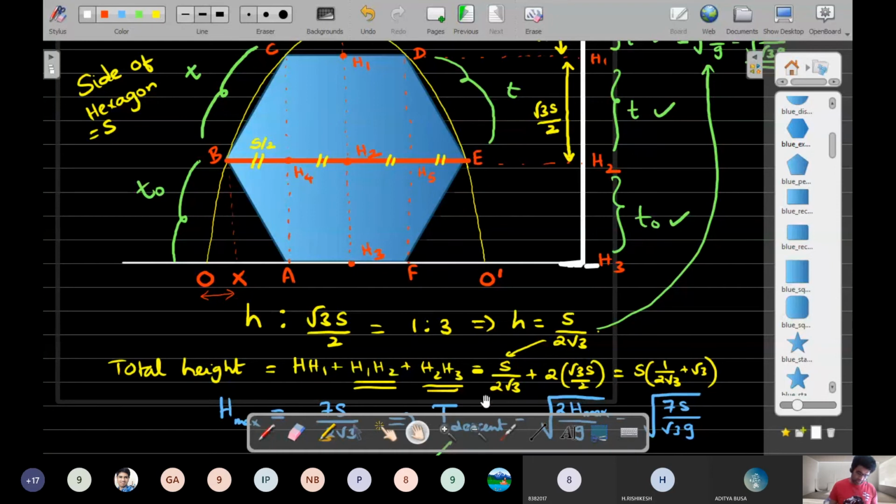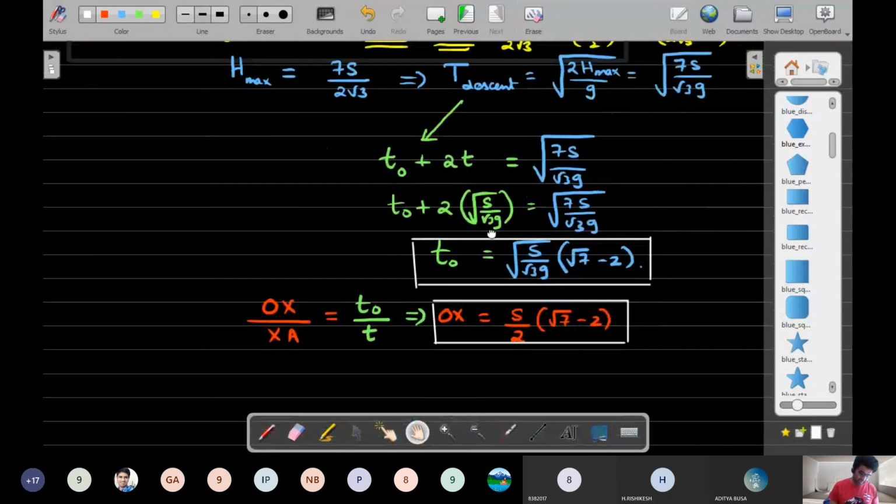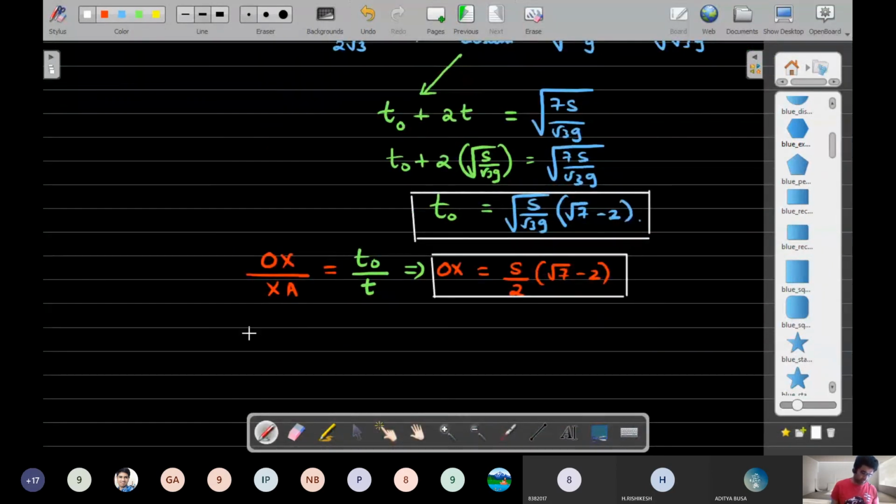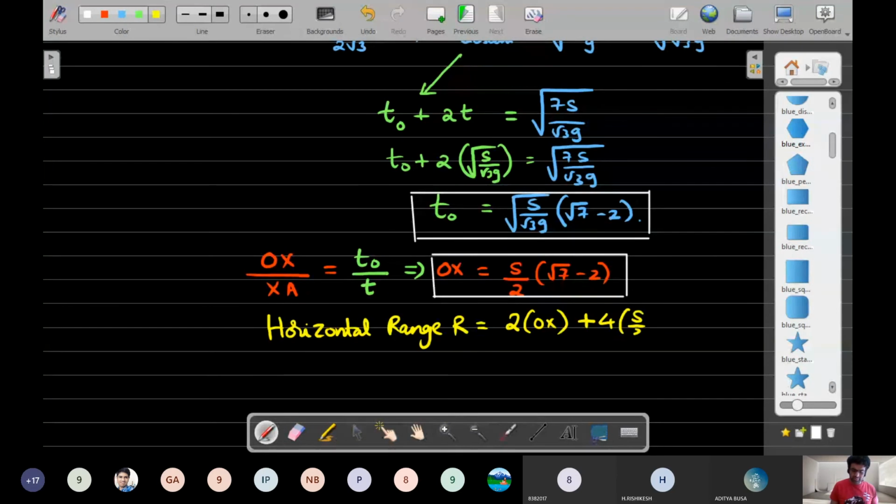Okay, so the required answer for the horizontal range R is nothing but, I think 2 OXs will be there and 4 S by 2s will be there.